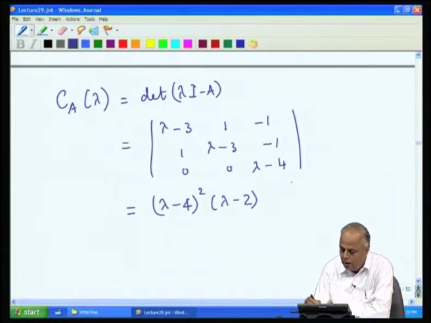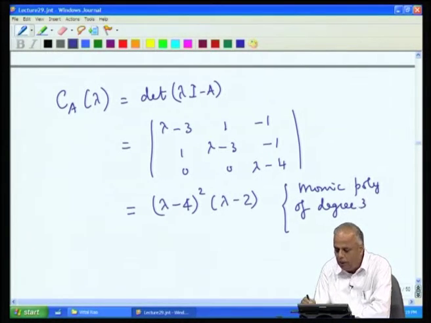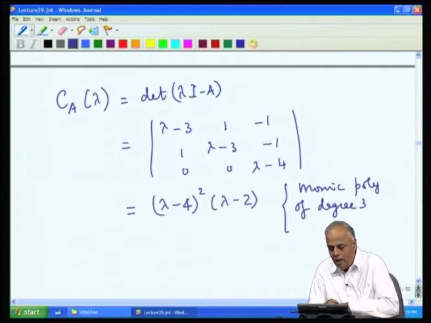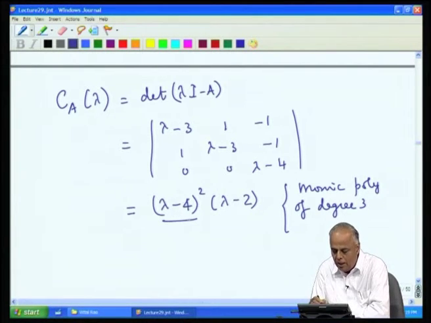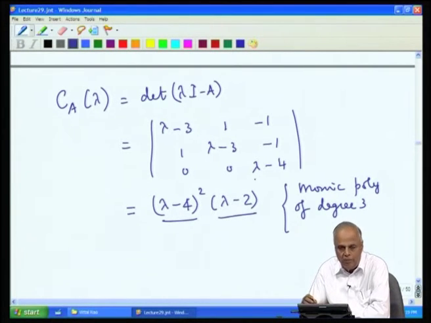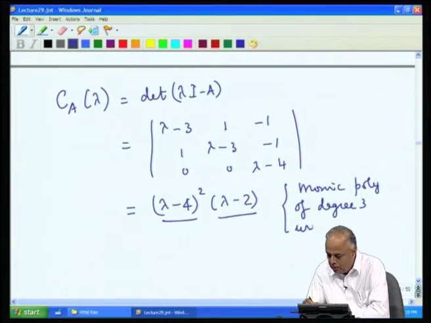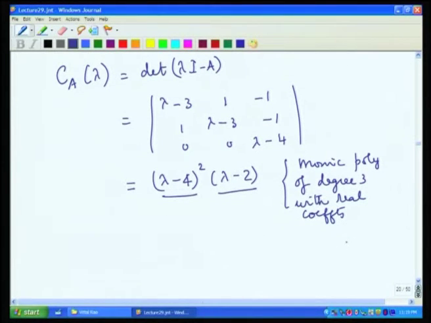So, this again is a monic polynomial of degree 3. The degree is 3 because it is a 3 by 3 matrix, and when you expand this, there will be a lambda squared term in the first factor and a lambda term in the second, and the product will be lambda cubed. So, the cube term has coefficient 1. It is a monic polynomial of degree 3, and since all the coefficients are real, it is with real coefficients.